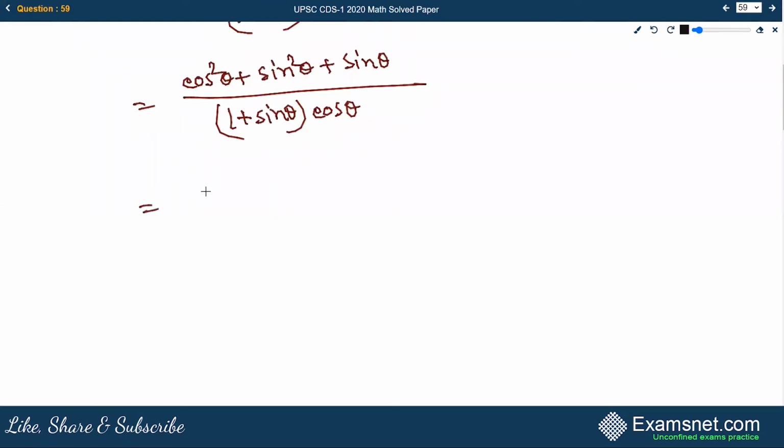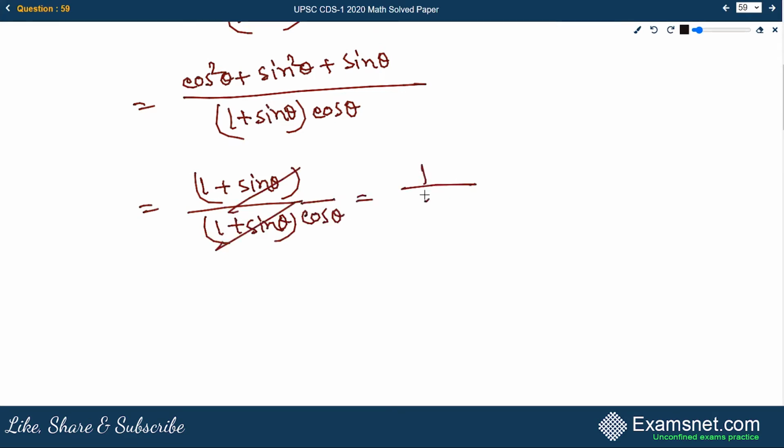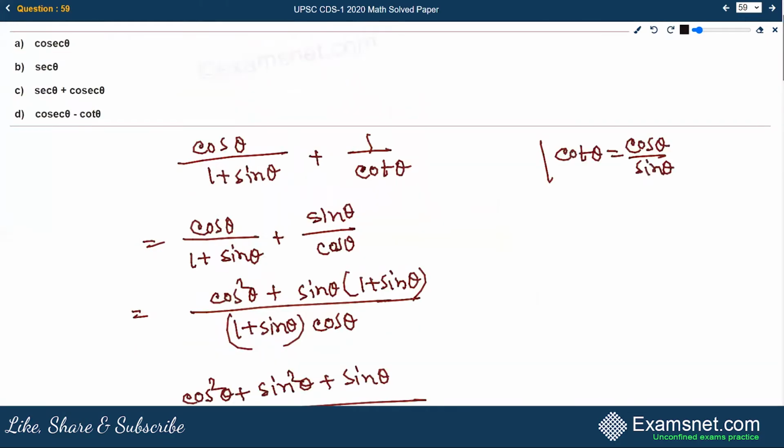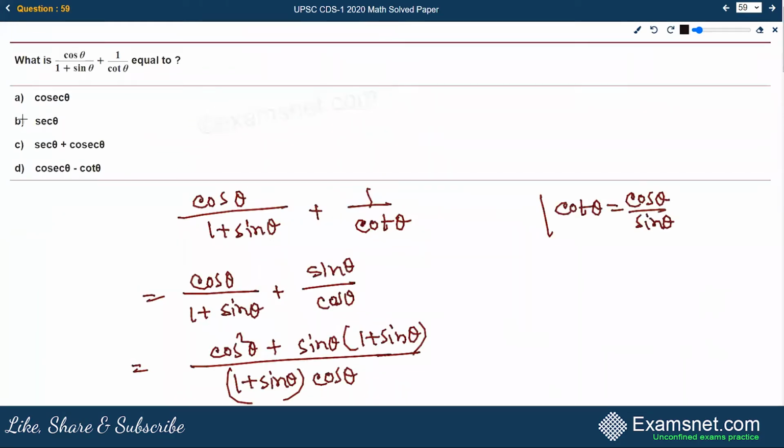So cos squared theta plus sin squared theta is 1. So it becomes 1 plus sin theta in the numerator, and also there is 1 plus sin theta in the denominator as well. Both will get cancelled. We will be left with 1 by cos theta, that is sec theta. So here the correct option is option B, sec theta.